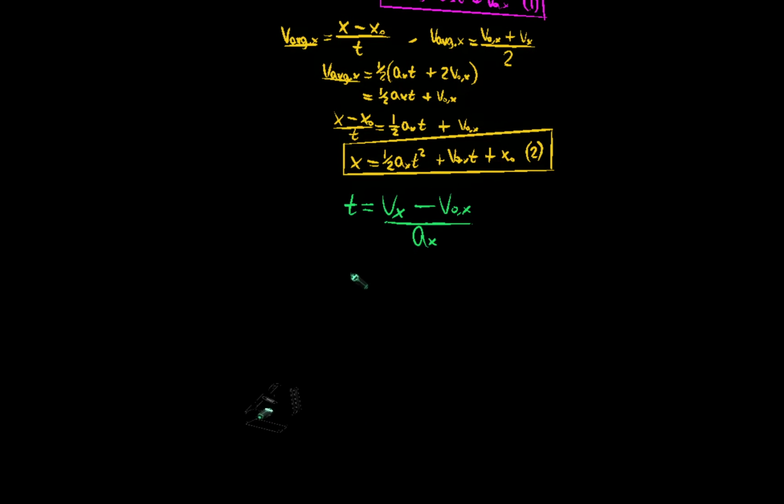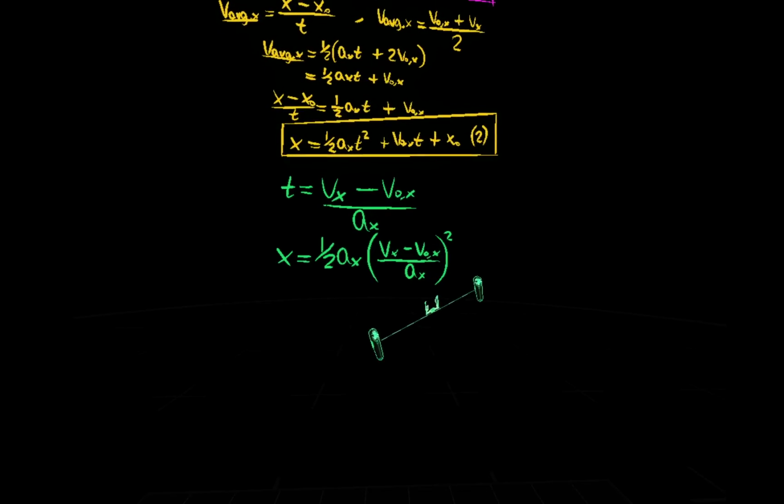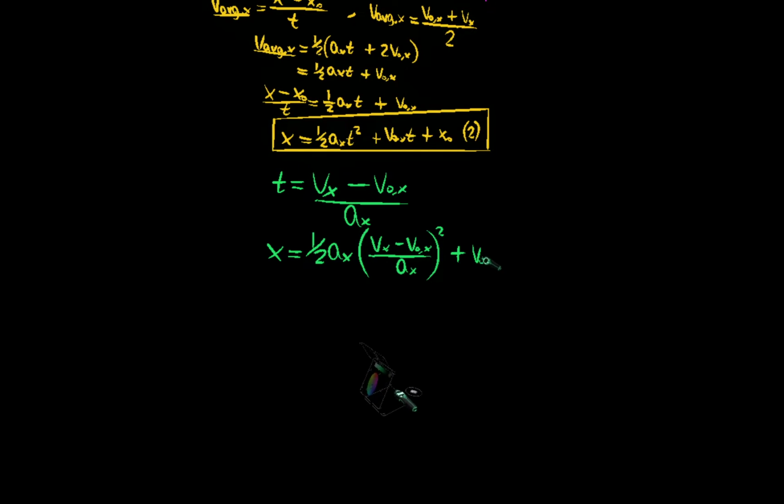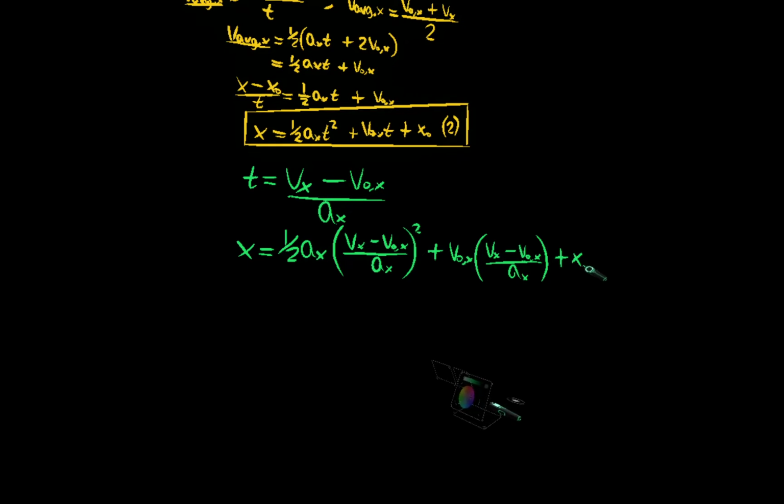So, equation 2, right up above, we have x equal to 1/2 ax, and then in for t, we substitute all this: Vx minus v naught x over ax, squared, plus v naught x, and again all that for t, Vx minus v naught x, over ax, plus x naught.